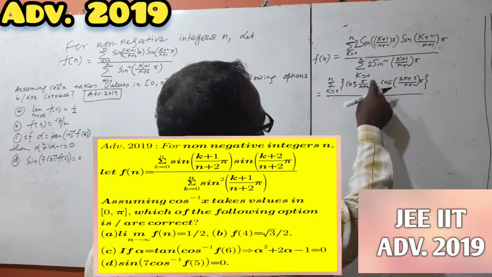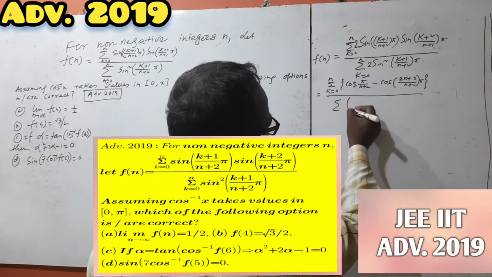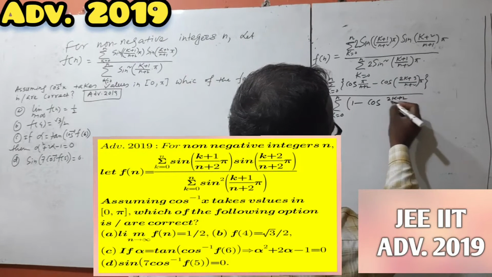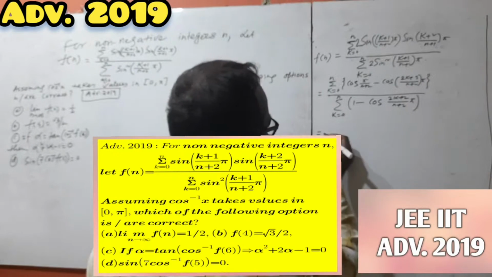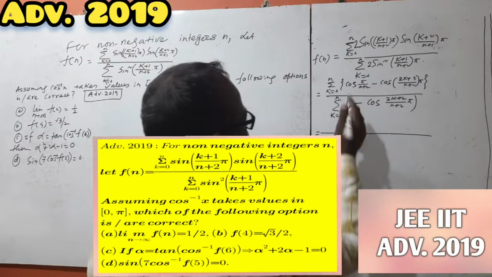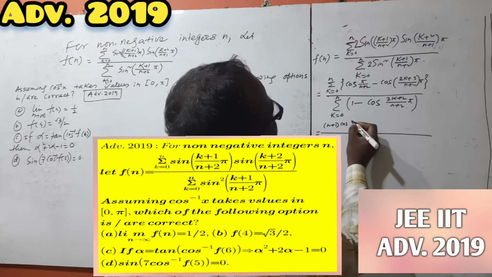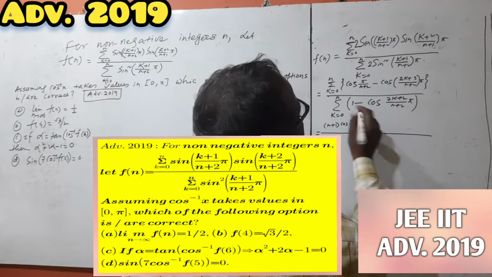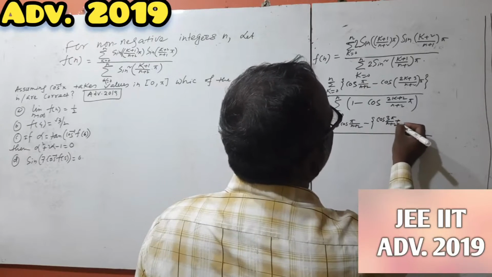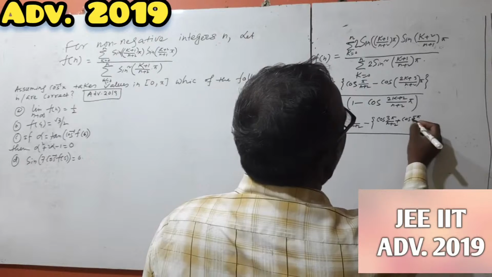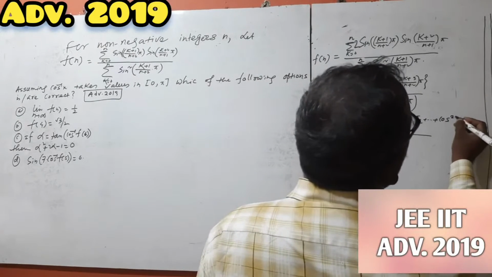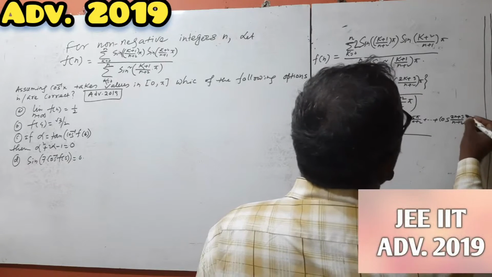So the summation from k equals 0 to n gives 1 minus cos of (2k+2)/(n+2) times pi. Here the number of terms is n+1, so the numerator is n+1 times cos of pi by n+2, minus the summation: for k=0 we get cos 3 pi by n+2, plus cos 5 pi over n+2, and so on, up to k=n, which gives (2n+3)/(n+2).